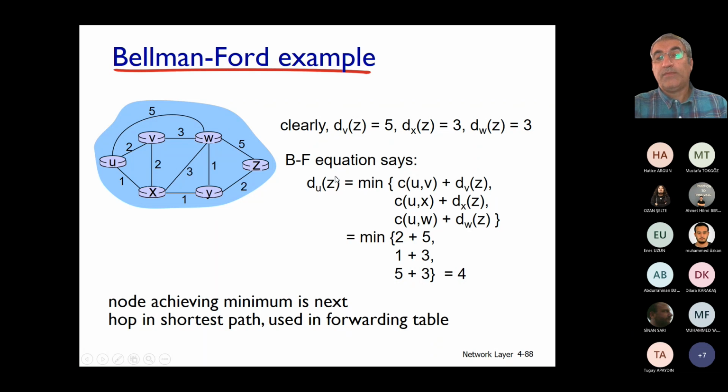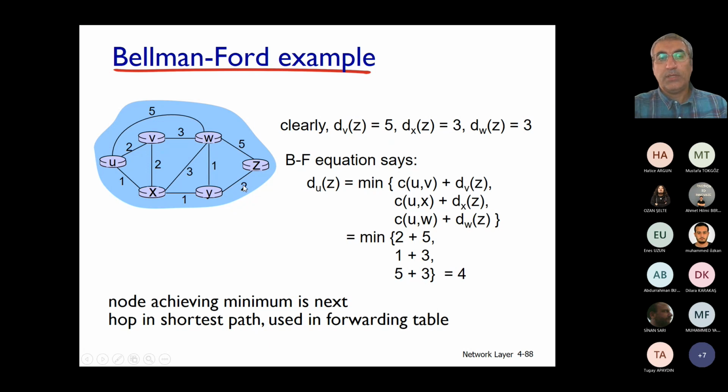So this Bellman-Ford equation says, in order to calculate the least cost path from u to z, let's calculate together. How many neighbors are there? There are 3 neighbors of u, right? They are v, w, and x. So we need to calculate this for all 3 neighbors.